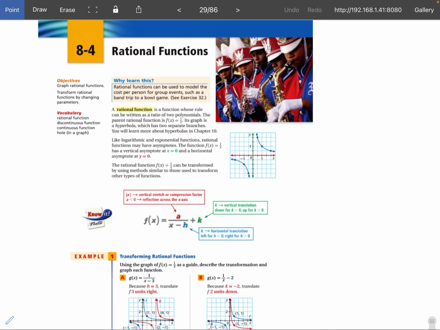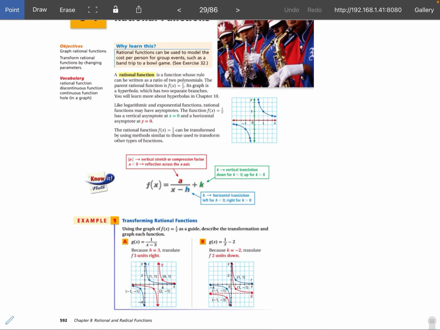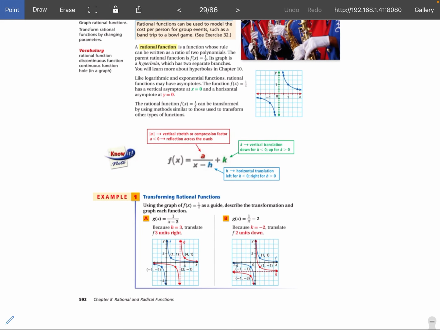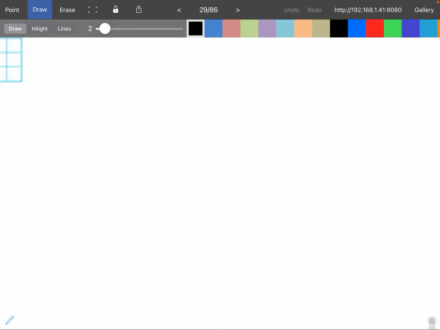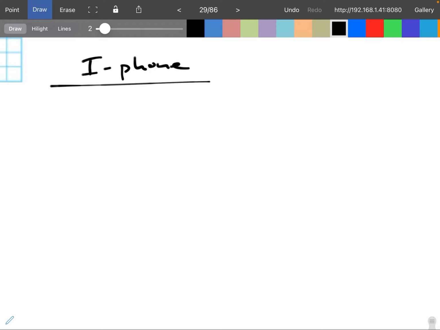Okay, so again, if we're in class, we're going to use the graphing calculators that we have here. But at home, I would recommend, if you have an iPhone, an app called Calculator.